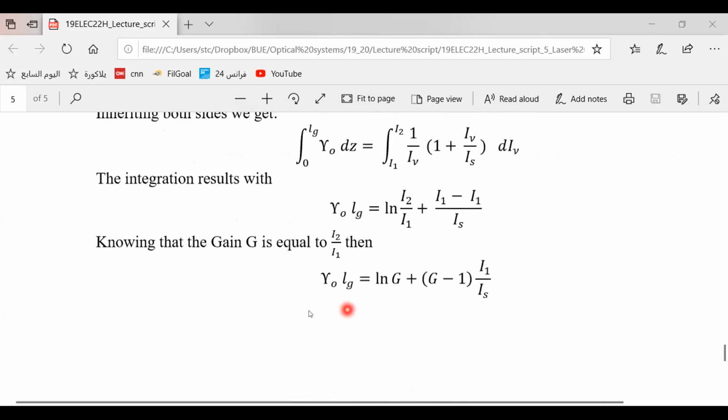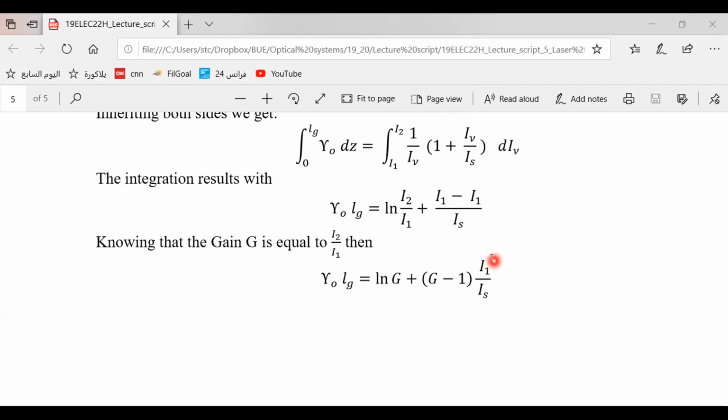So this is gamma naught. Lg is the distance of the gaining medium. G is the gain. IS is the saturation intensity, and I1 is the input intensity. So knowing any four of these five terms, you can get the fifth.